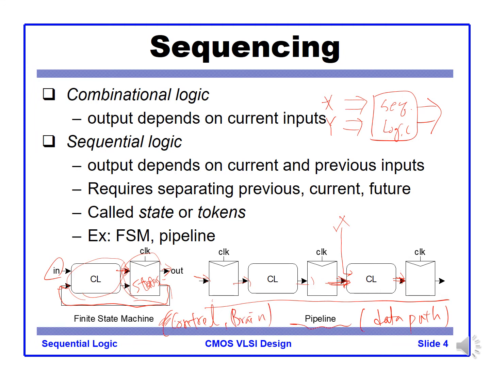The finite state machine actually controls this kind of pipeline stage on a data path, right? There's a data path here, and there's some brain here that controls the sequential operation, or sequencing, or whatever the operation is, right? It's like a brain, right?